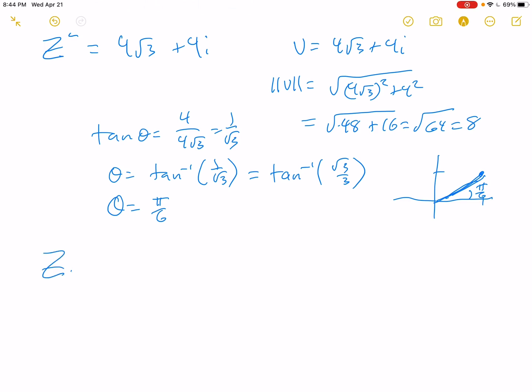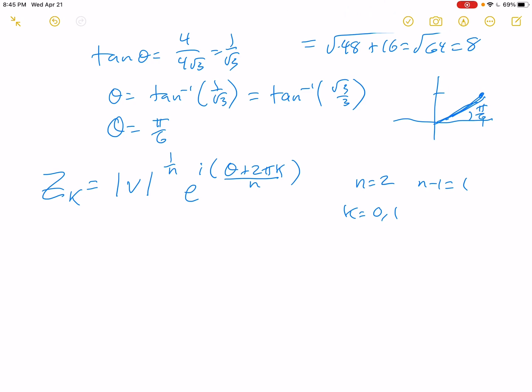So we'll call z sub k equal to the magnitude of v to the 1 over n power, I should say the absolute value of v, e to the I times theta plus 2 pi k all over n. And in this case, our n is 2, so n minus 1 obviously is 1. So we're looking for the k's to be 0 and 1, because we're looking for 2 roots, because it was a z squared.